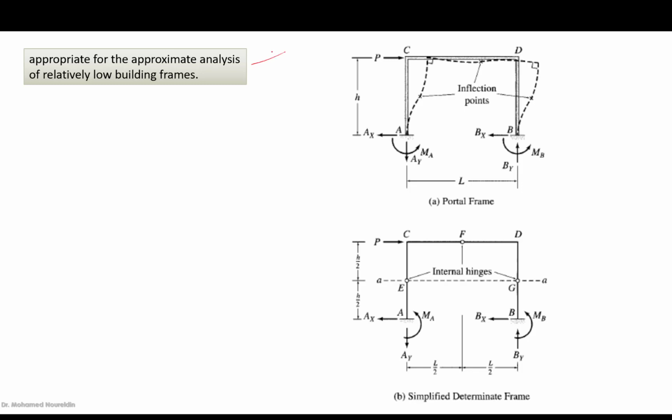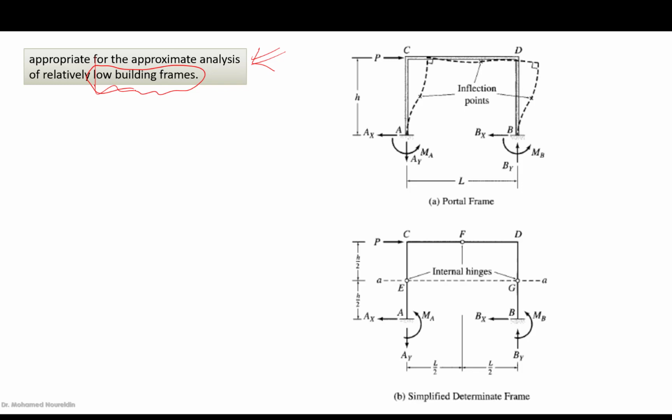First, this method is considered appropriate for approximate analysis of relatively low buildings. As we said, it is for low buildings. It is not recommended for high-rise, multi-story buildings. This is better for low-rise buildings. This is number one.